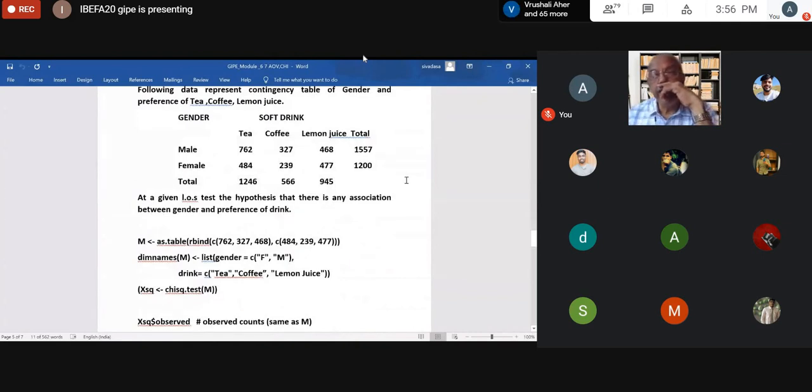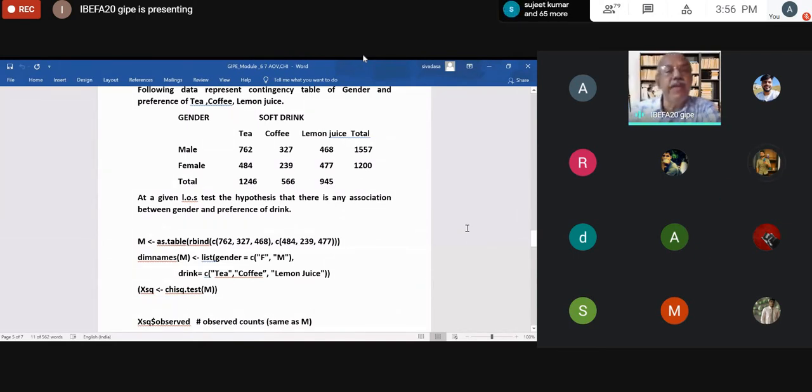All of you read carefully. Is it a measurable characteristic or countable characteristic? So it's countable. It's basically preference of people for a particular type of soft drink. Correct. Is there a meaning of average here? In this case, no.